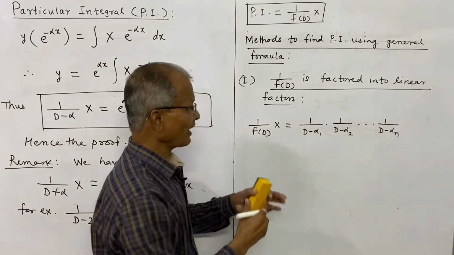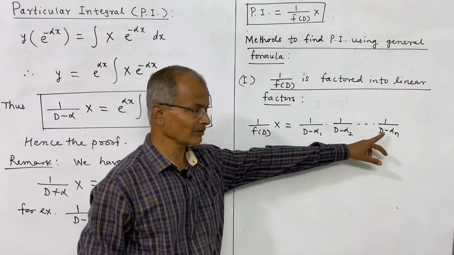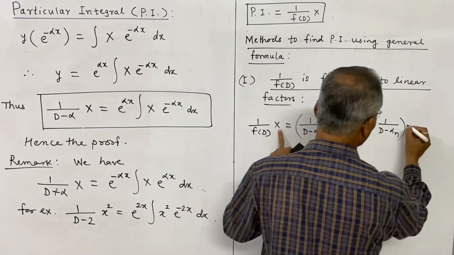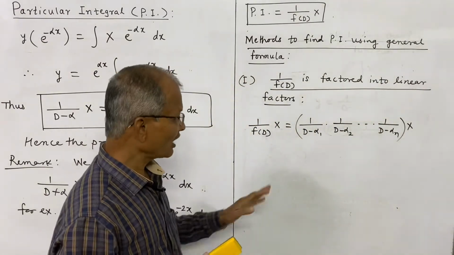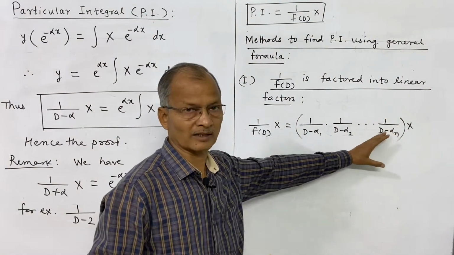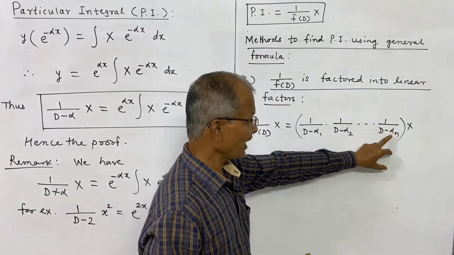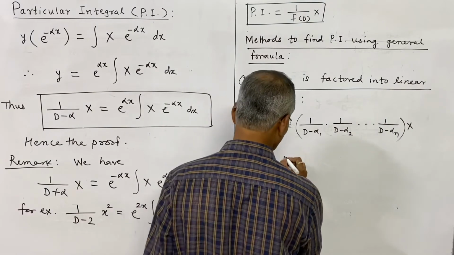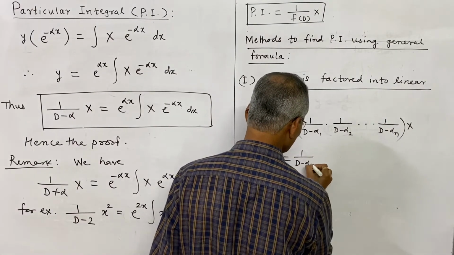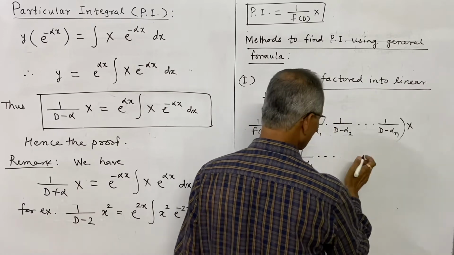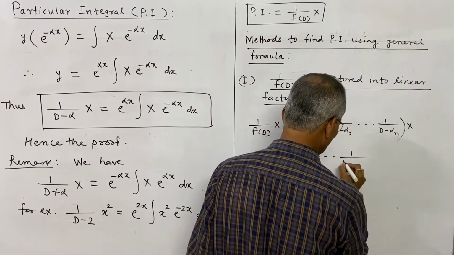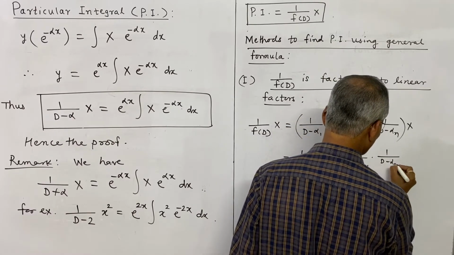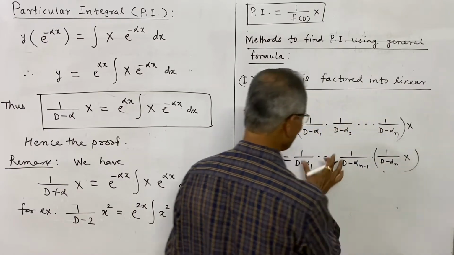So this f of D is factored in this form, D minus alpha 1, D minus alpha 2, and so on up to D minus alpha n, and this is operated on X. So how many factors are there? n factors are there, and we operate the operators from the right in succession over X, and thus this can be written as 1 over D minus alpha 1 into so on. If we write the earlier factor to this, that will be D minus alpha n minus 1, and then 1 upon D minus alpha n operated on X. So we have written the same.